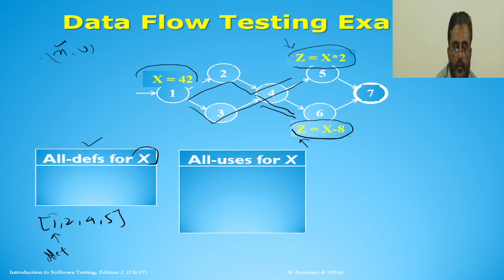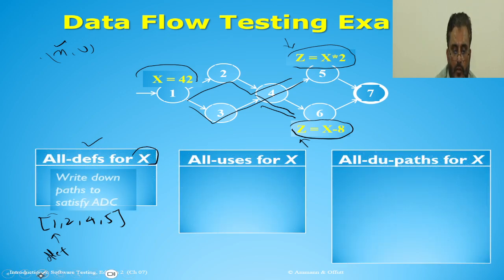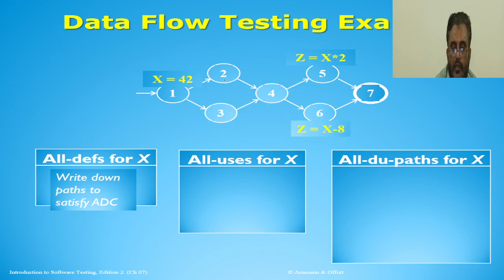So let me erase all the ink in this case so that it becomes a little bit clearer. Now I can also change the color of the pen. For example, I have one path which takes me to this use. I have another path which takes me to this use.